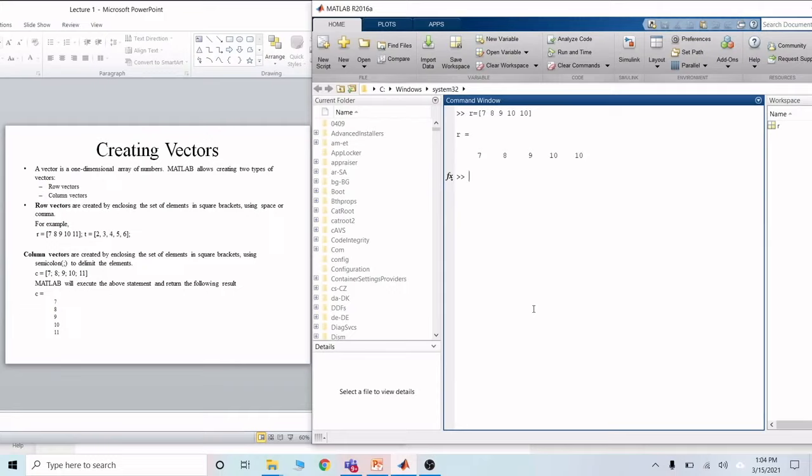This is the row vector, 7, 8, 9, 10, 11. Sorry, I have written 10 twice. If you want to write it like this, then you can do the same: 7, 8, 9, 10, 11.